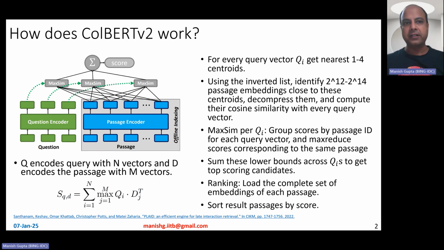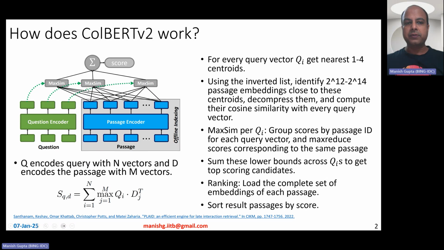I recently recorded the ColBERT v2 video where the idea is that it's a dense retrieval system where on one side you have questions and the other side you have passages, and you want to retrieve relevant passages for those questions. The questions are represented in terms of its tokens. Passages are also represented in terms of its tokens. And there's an embedding for every question token and an embedding for every passage token.